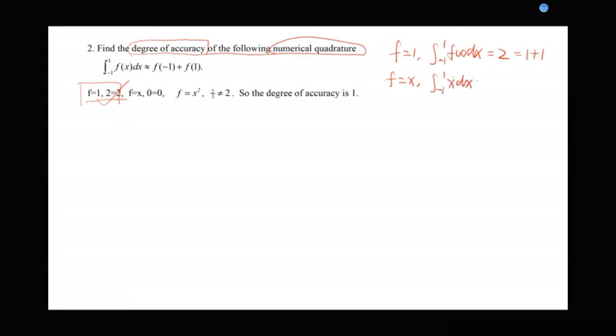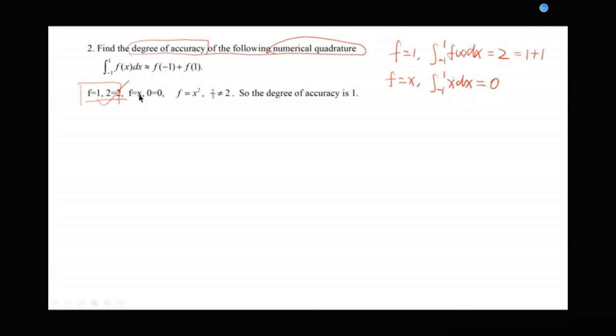The integral of x dx, we know it should be 0, right? Because this is an odd function on the symmetric interval, so its integral is 0. Of course, you can use the Newton-Leibniz formula, and you will also obtain 0. Now let's check by the numerical quadrature.